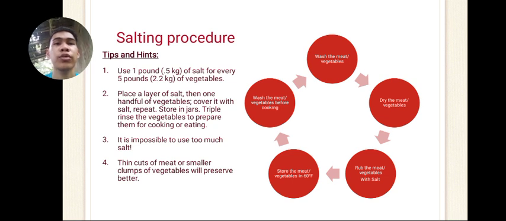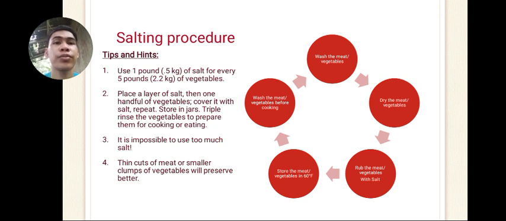It is impossible to use too much salt because the product is preserved by salt. So basically the product is salty. That's why before cooking it must be washed 3 times.